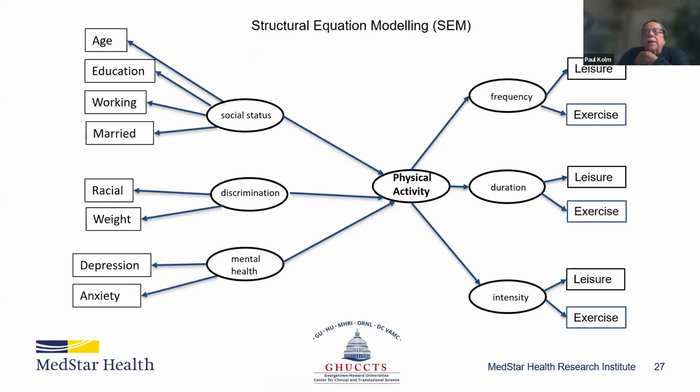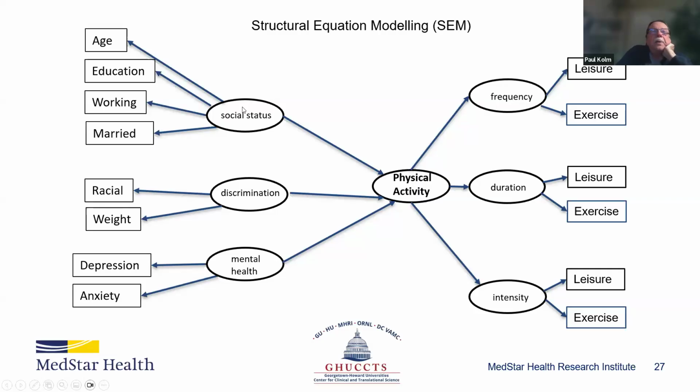On the right-hand side, our observed variables are leisure activity and exercise. We want to determine three different latent variables from these measures: frequency, duration, and intensity. Then we're going to use these three to define physical activity in general.